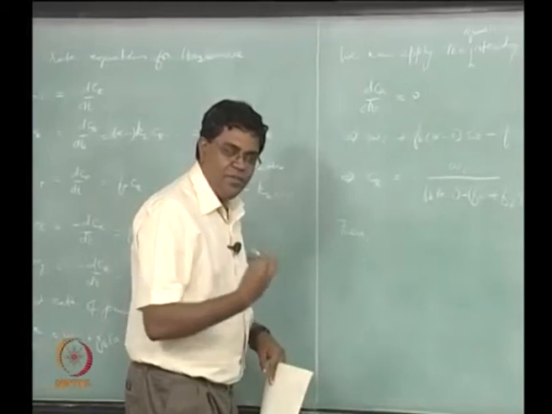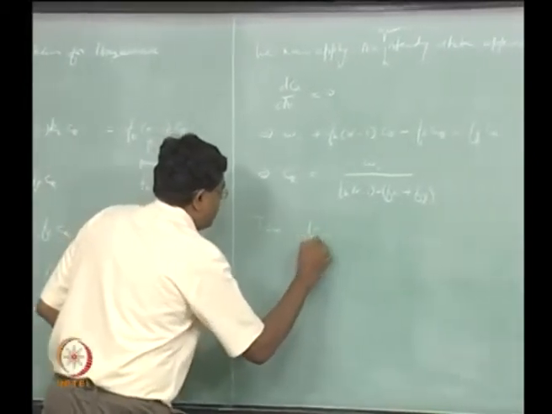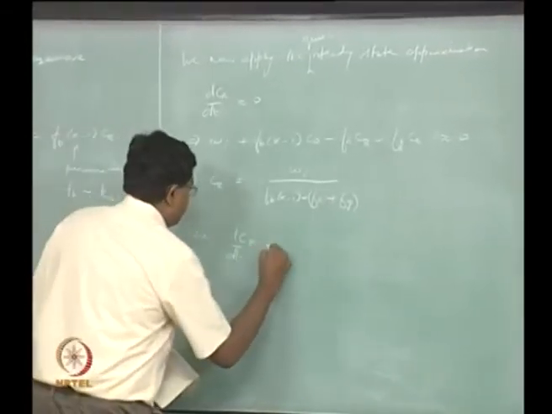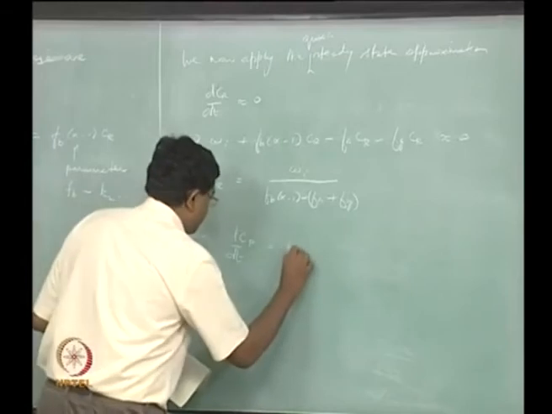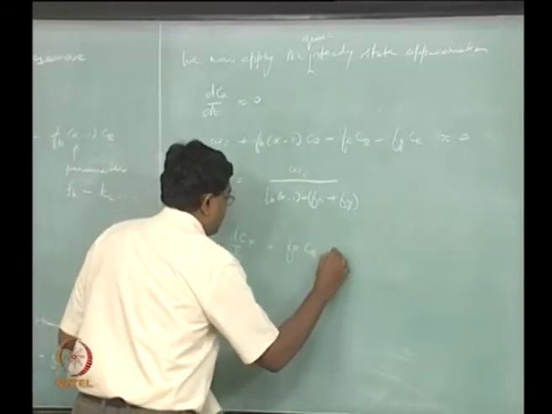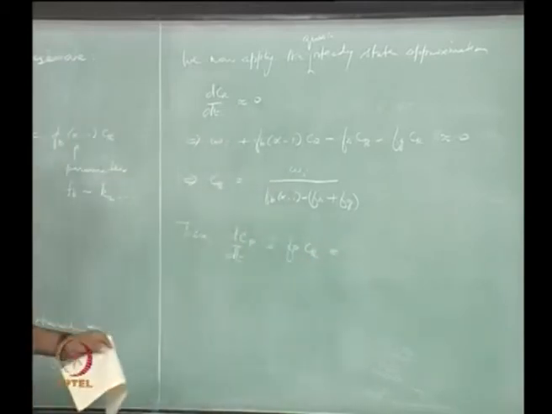So let us not lose sight of our goal. Our goal is actually dCp over dt, Fp times Cr. Of course in life money is one of the biggest intermediates that distracts us, right.